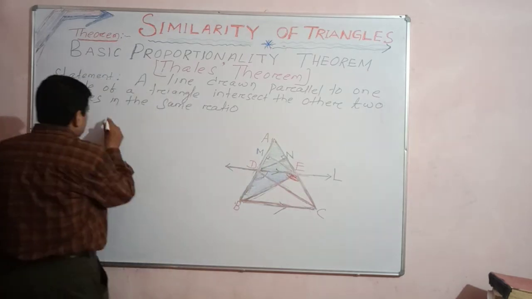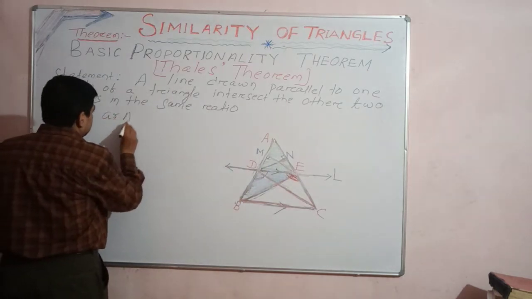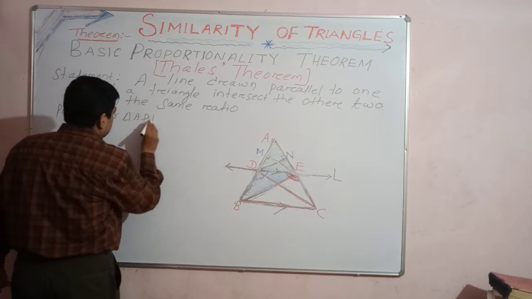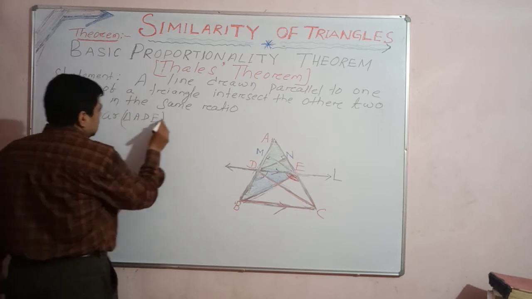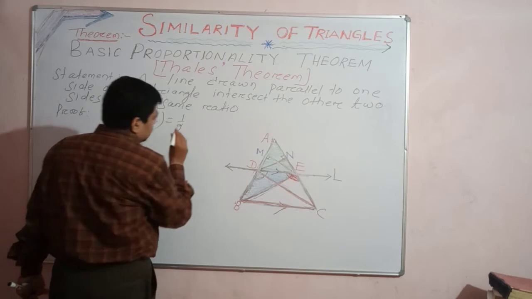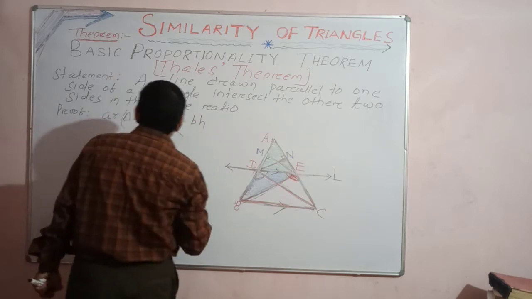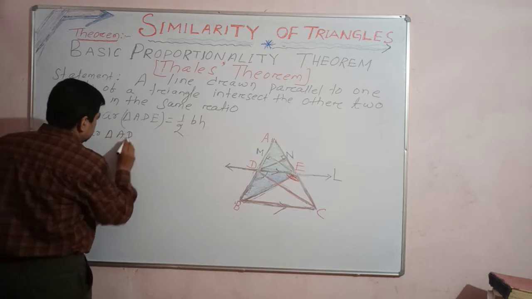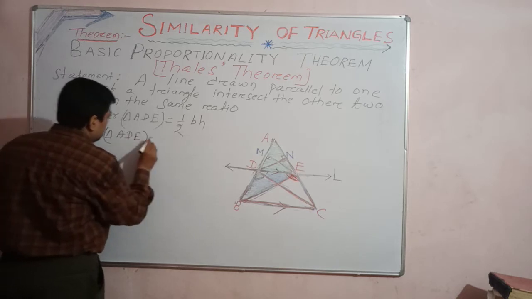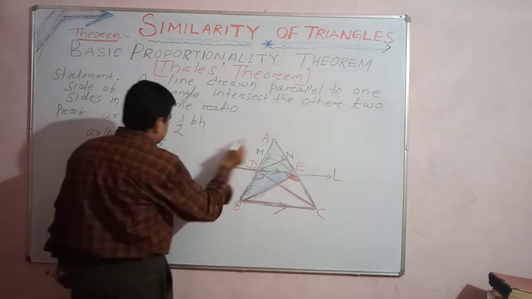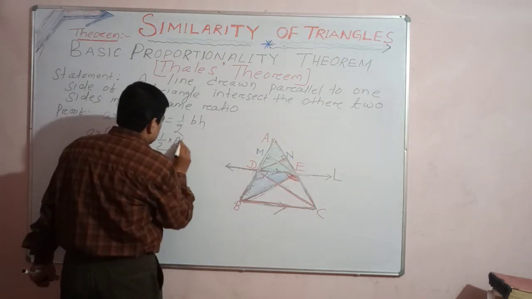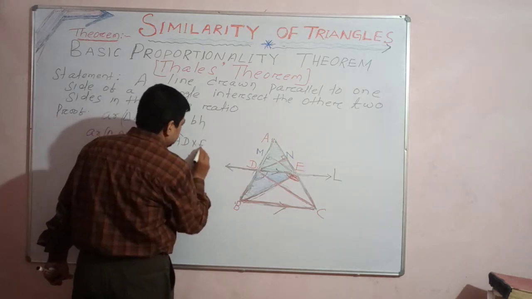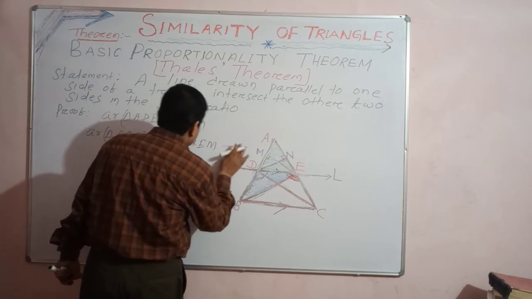So area of triangle ADE is equal to half into base into height. Area of triangle ADE is 1 by 2, base is AD and height is EM.